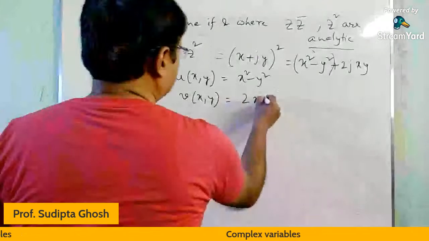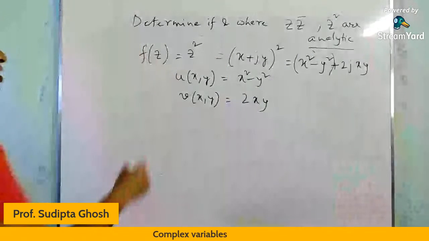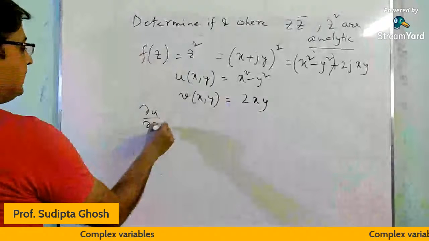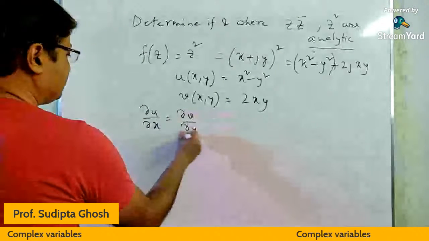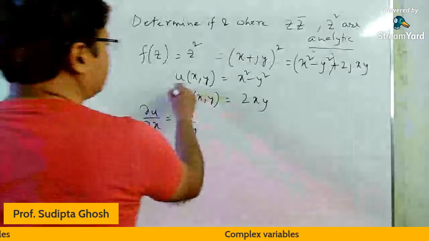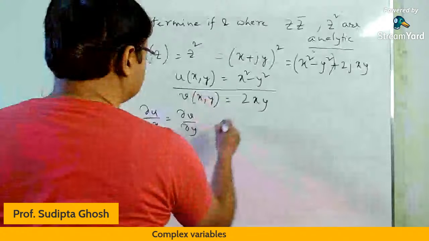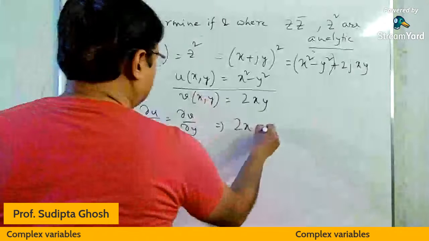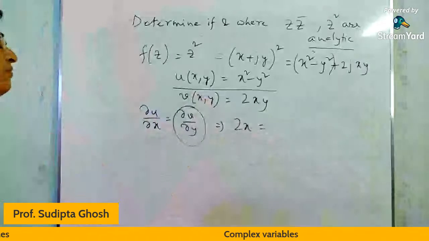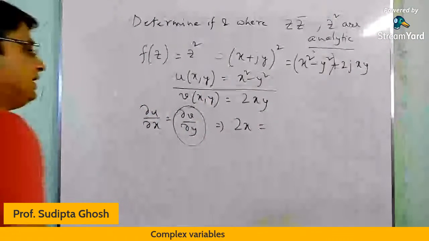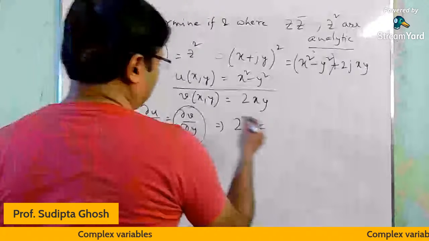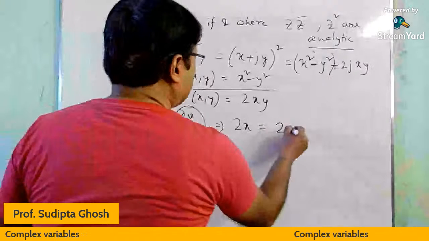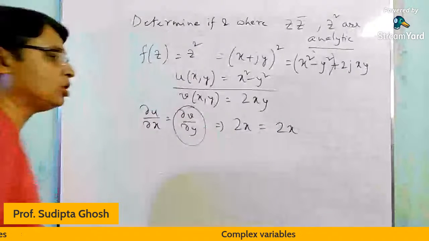Again, from the Cauchy Riemann equation, del u del x equals del v del y. Del u del x gives me twice of x, and del v del y is also equal to twice of x.